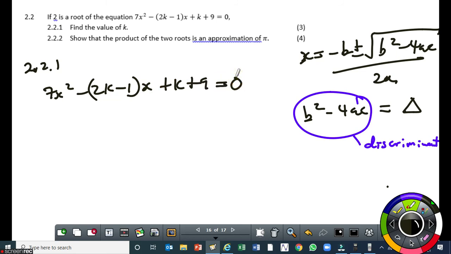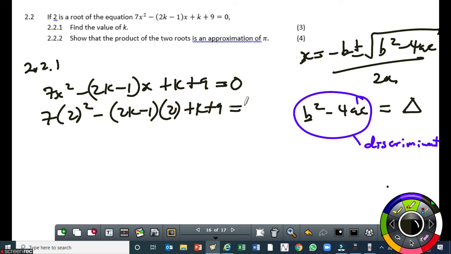We want to find the value of k, given a root which is equal to 2. So where there is x here, you put 2. That's 2k minus 1 times 2 plus k plus 9 equal to 0.